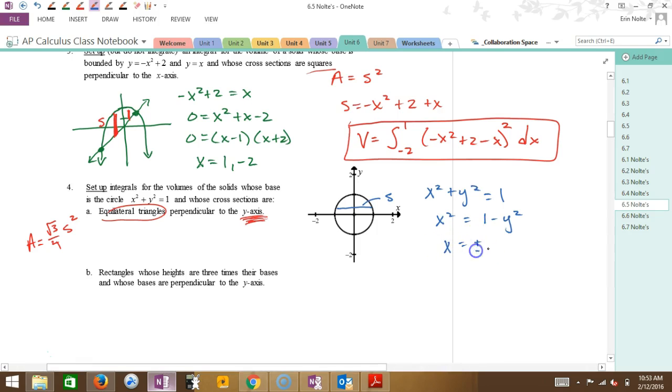So when we square root it, we basically end up getting two separate equations. This negative one is an equation for the left part of the circle, and then the positive one is for the right side of the circle. So what is the distance of S?